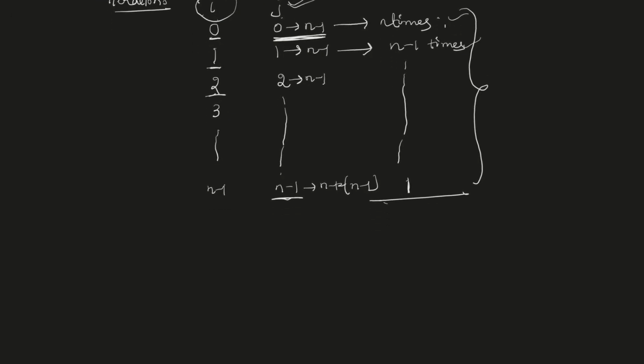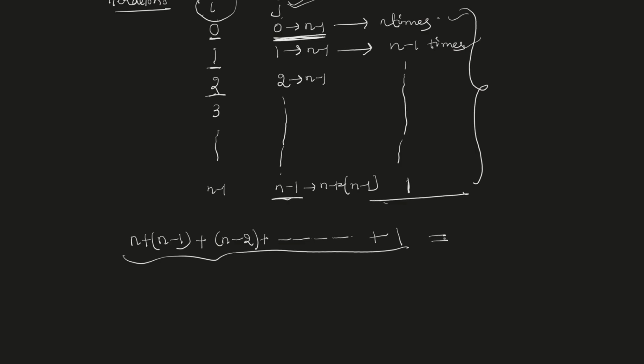So we add it as n plus next one is n minus 1 plus next we would have n minus 2, and the series would go up to 1. So did you notice anything from this? It's nothing but sum of natural numbers from 1 to n.